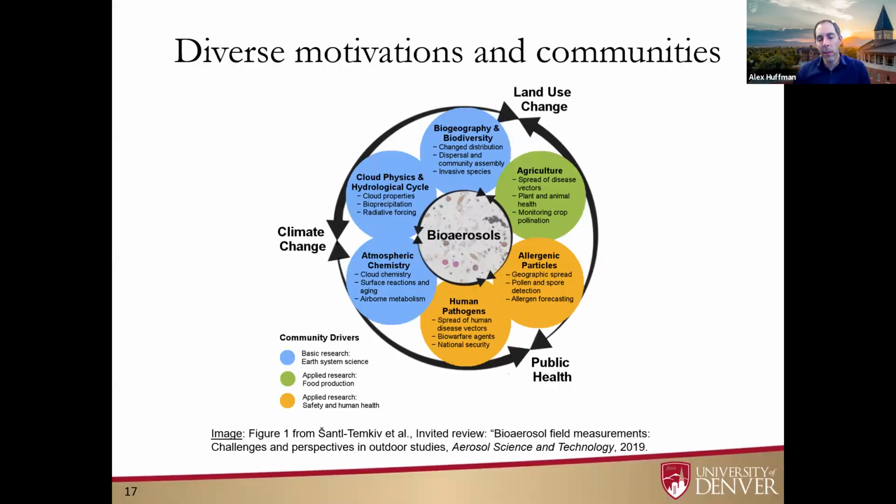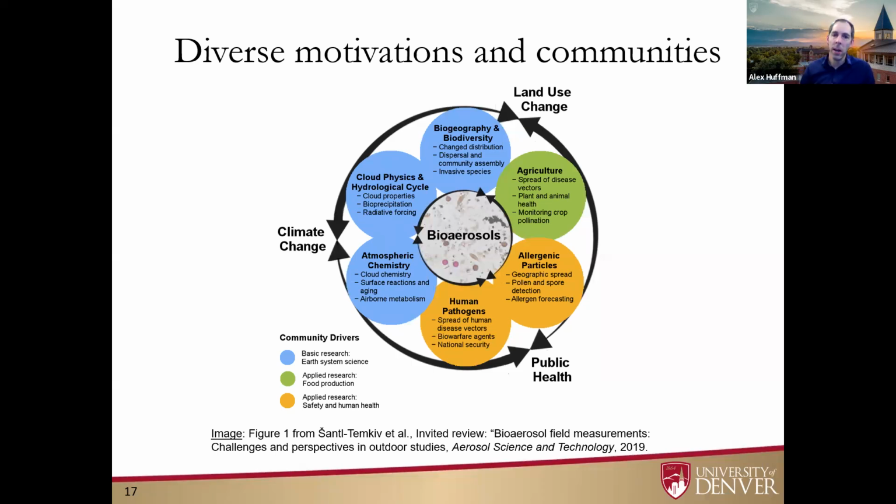So this is one figure, not perfect, but one way of saying how the nature of bioaerosol research is interdisciplinary. So in the center, we have bioaerosols, and these different dots are meant to represent the different communities of researchers that think about bioaerosols.